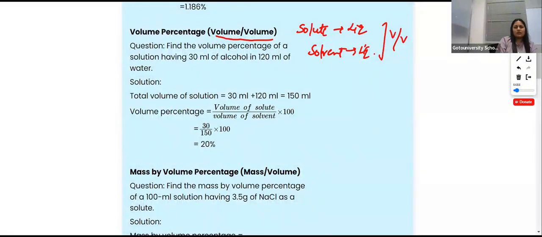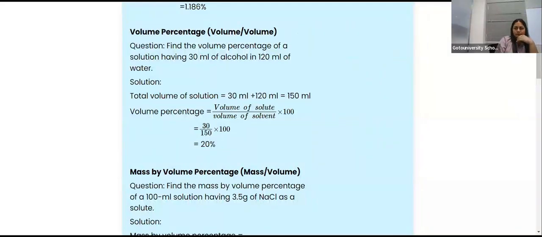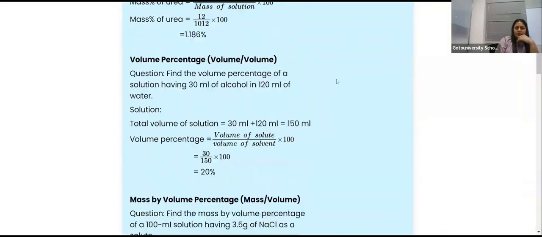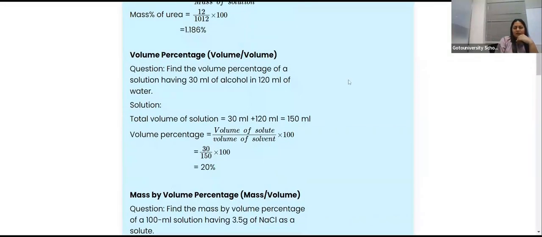This volume percentage we use to express the concentration of a solution where the solute and solvent are both liquid. Now, as we have done to calculate the mass percentage, in a similar way we will calculate the volume percentage. Read the question.